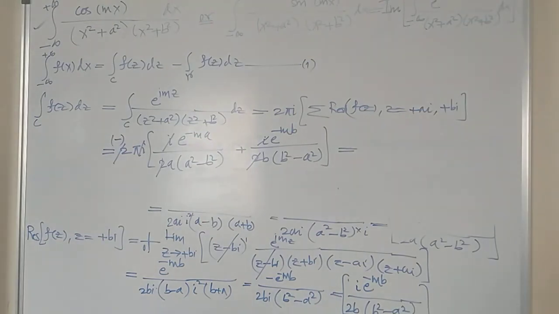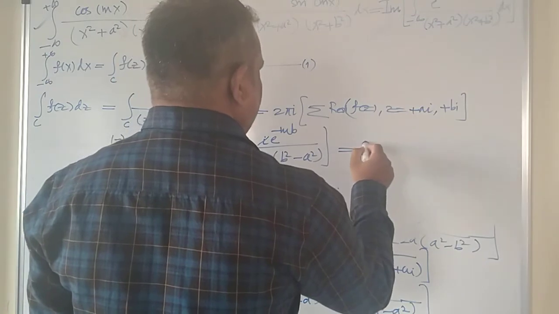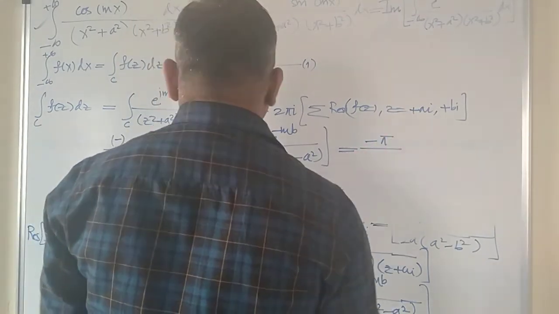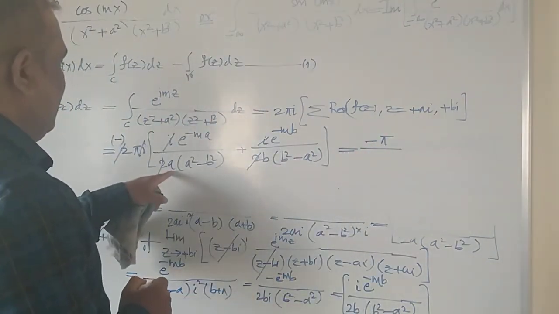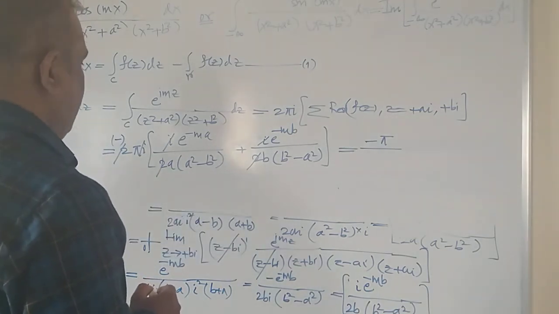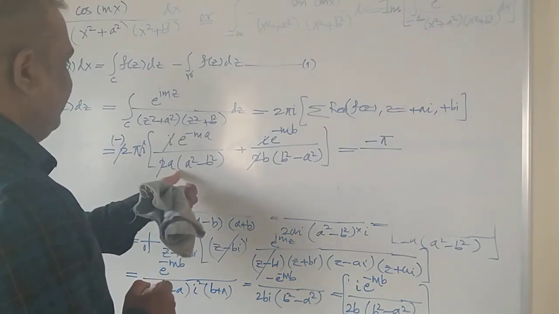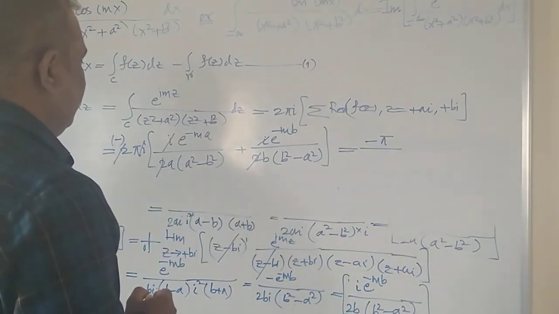I square is minus, and therefore the answer of this is equal to minus pi divided by... There is no common thing now at the denominator, because a is different, this is different.